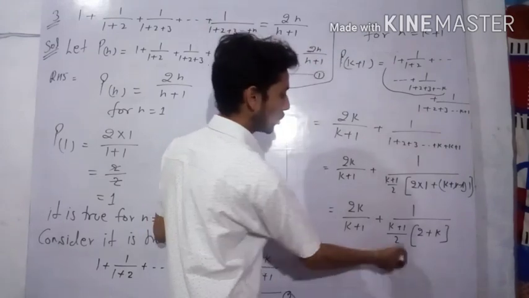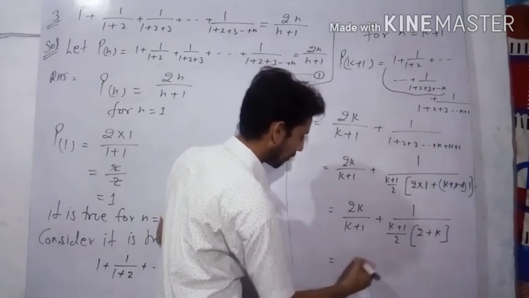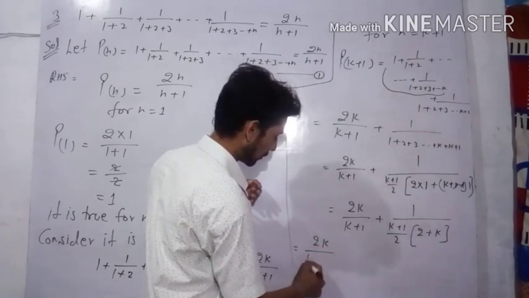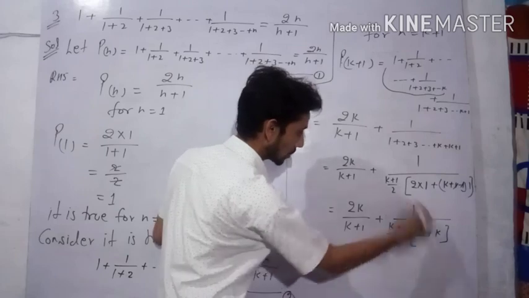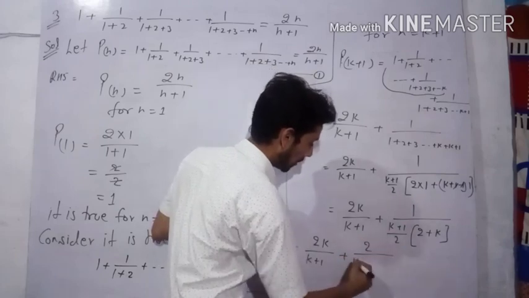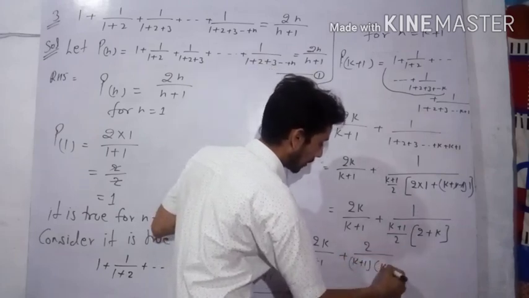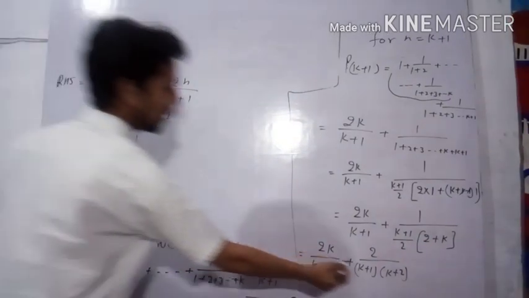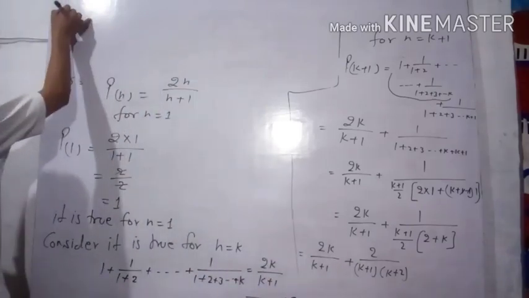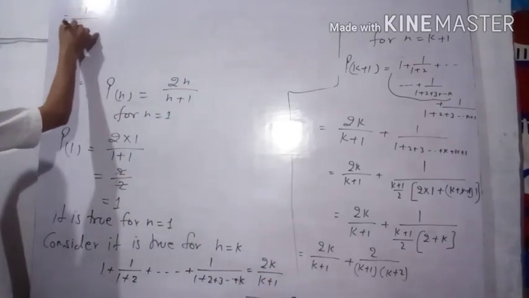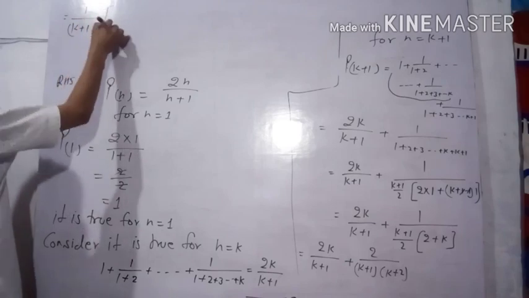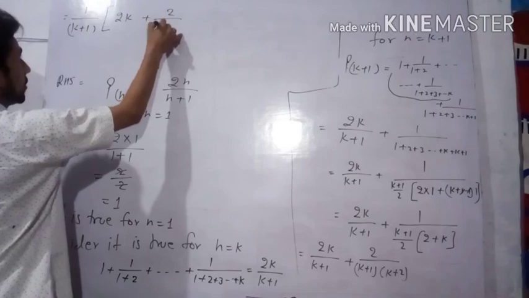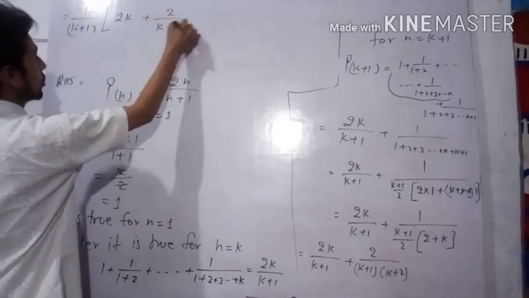So k plus 1 over 2 goes above: 2k/(k+1) + 2/((k+1)(k+2)). Now 1/(k+1) is common from here: 2k plus 2/(k+2).